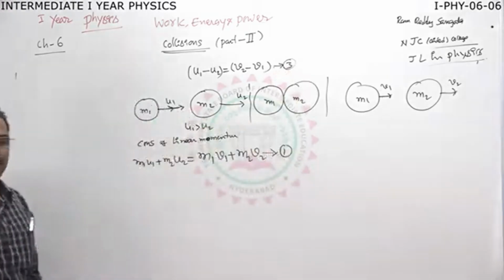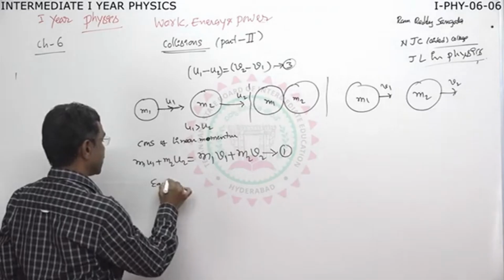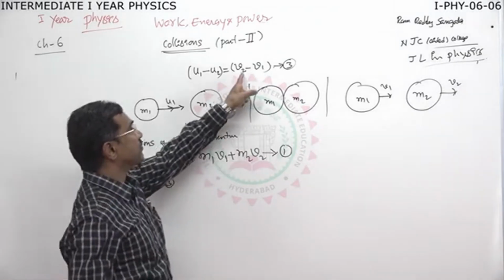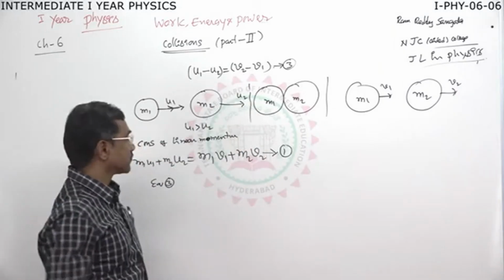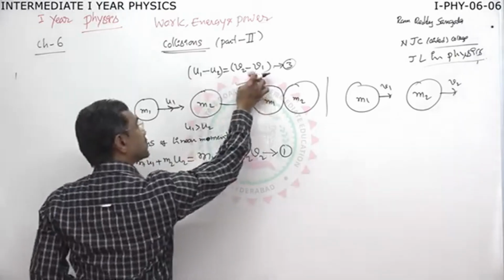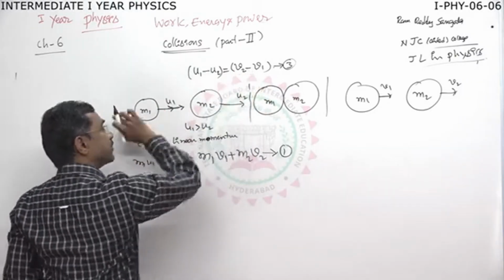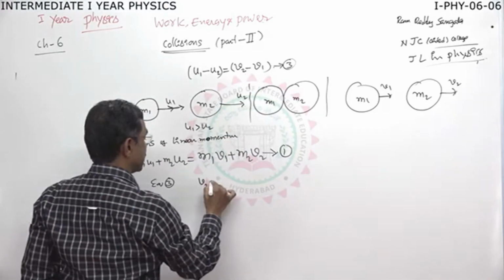In the previous class, we already studied this. From equation 3, if you eliminate V2, obviously you will get an equation for V1. So from equation 3, we can write V2.